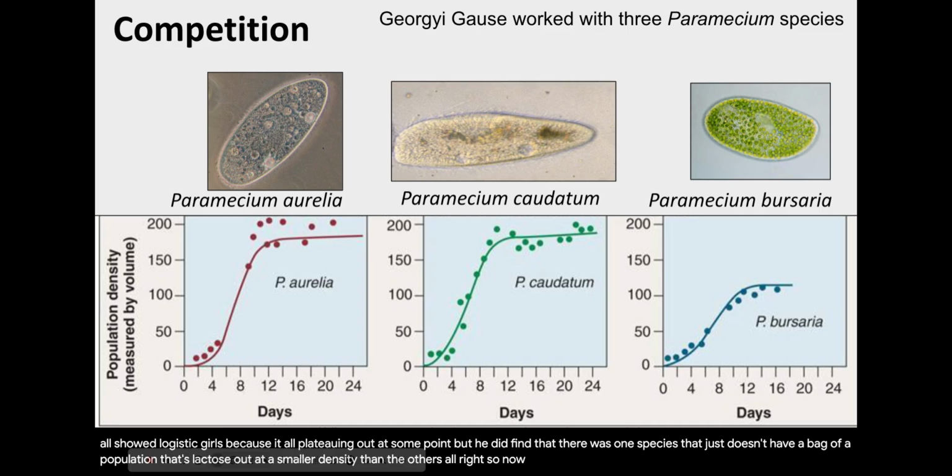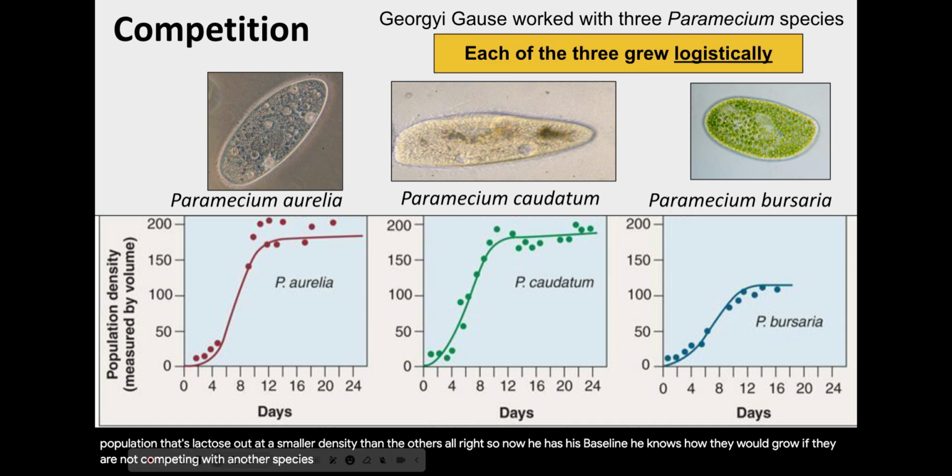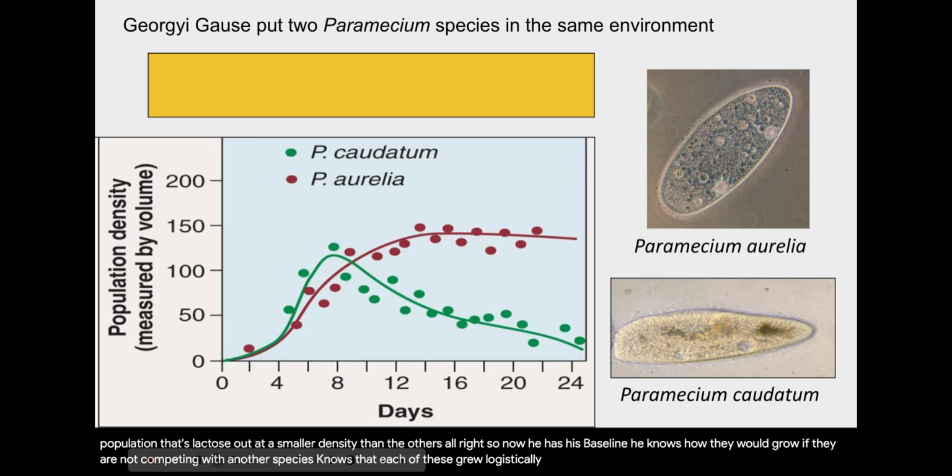So now he has his baseline. He knows how they would grow if they are not competing with another species, and he knows that each of these grew logistically. So now he put 2 of these species together and grew them in the same environment.